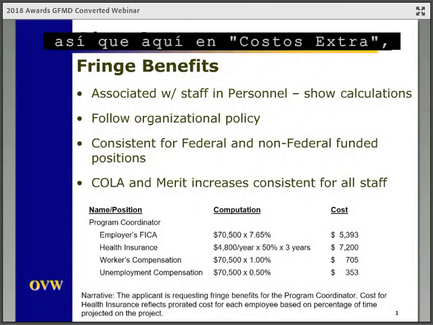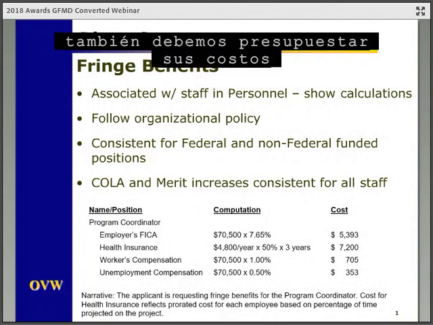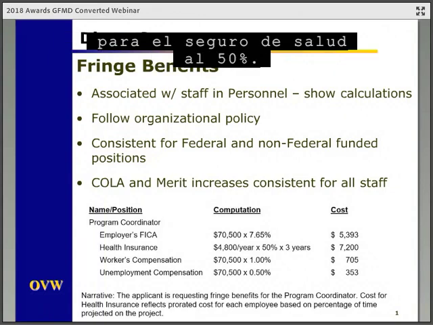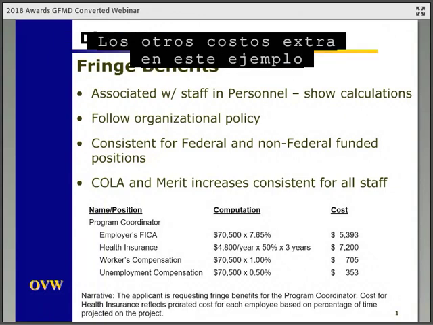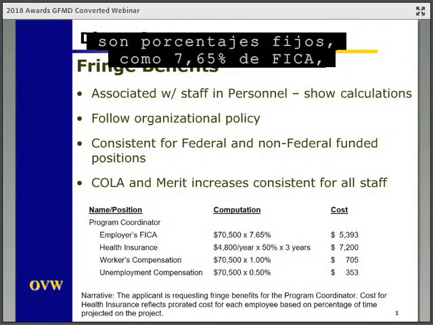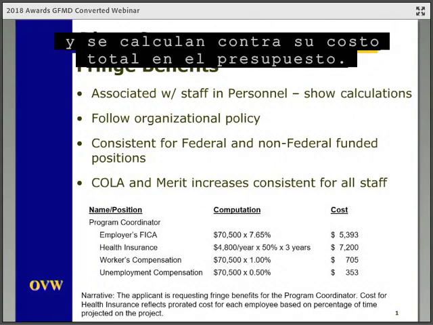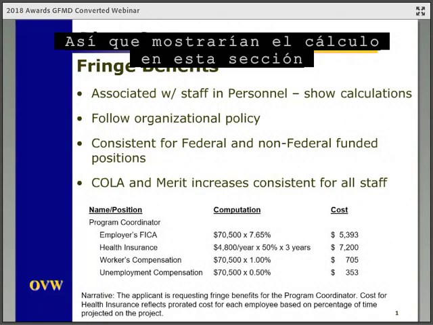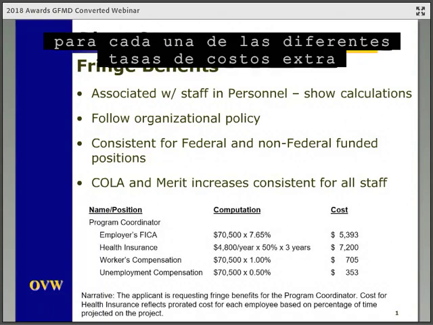So here in fringe, we will budget their cost for health insurance at 50% as well. The other fringe costs in this example are all set percentages, like FICA at 7.65%, and calculated against their total cost in the budget. So you would show the calculation in this section for each of the different fringe rates that your staff incurs.